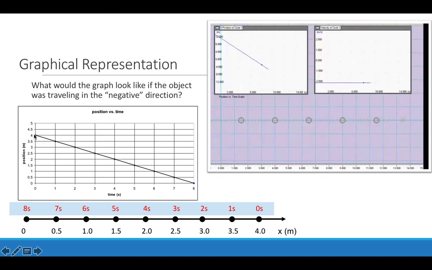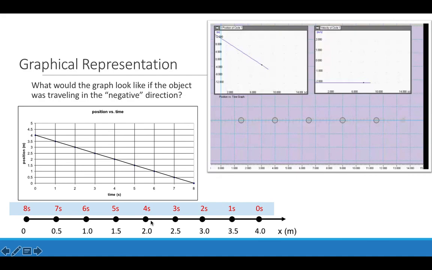So it starts off away from the origin of the coordinate system at time t equal to 0, and then as time goes on, it heads towards the origin of the coordinate system, right? So it's heading back down towards the 0 mark over time. So this object is still covering the same distance every second. It's still covering 0.5 meters each second that goes by.